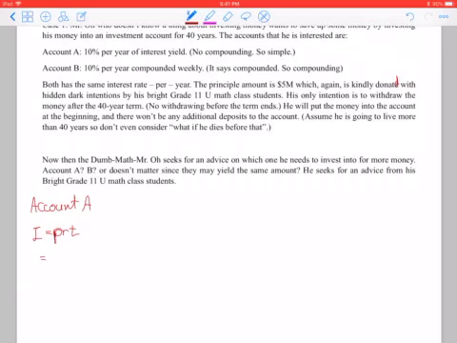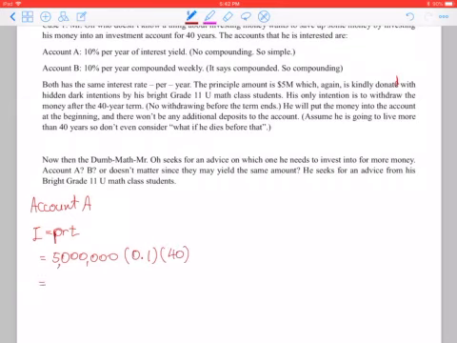So the interest amount is going to be $5 million. So $5 million. Using a comma actually can be very effective for you too. The rate is 10%, so 0.1, per year, and then it's 40 years.